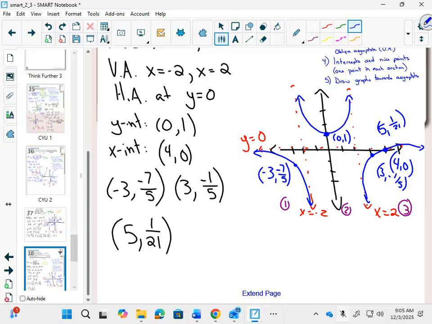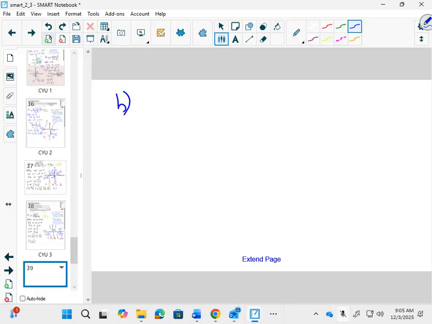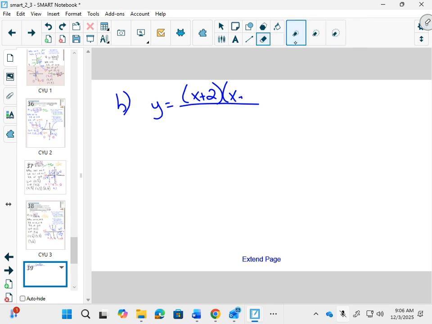All right, let's look at B. There's a B. x squared minus 4 over x squared minus 9. This can be factored. Top is a difference of squares. And the bottom is a difference of squares.